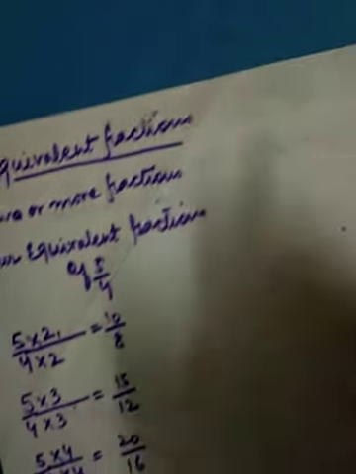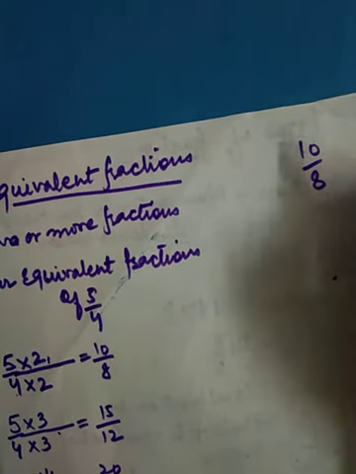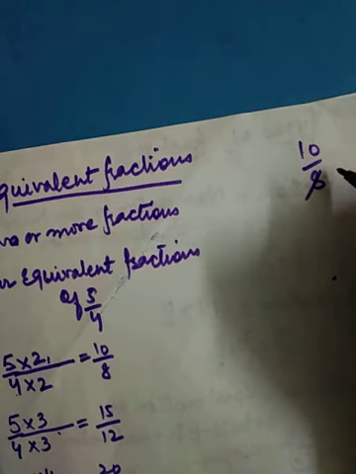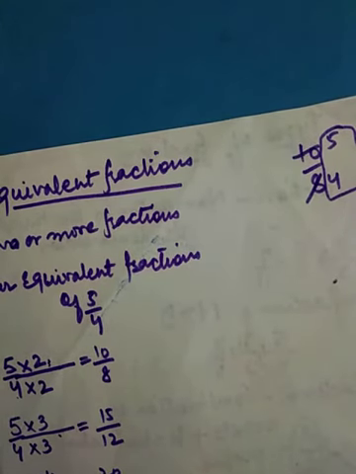How can they represent the same part? See, if we say 10 by 8 we have taken, so 10 by 8. Okay, when we cut them, read the table. 5 2s are 10, 2 4s are 8. Again we get the same number. So two or more fractions representing the same part of the whole are called equivalent fractions.